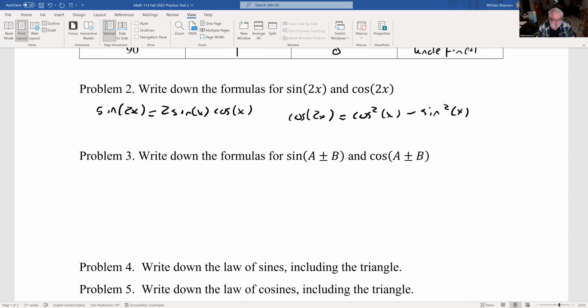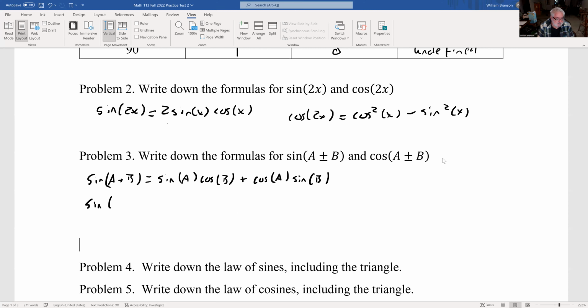This is really 4 formulas. Sine of a plus b is sine of a cosine of b plus cosine of a sine of b. And notice that if a and b are the same, then you get this formula. It'd be sine a cosine a plus cosine a sine a. It'd be the same thing repeated.